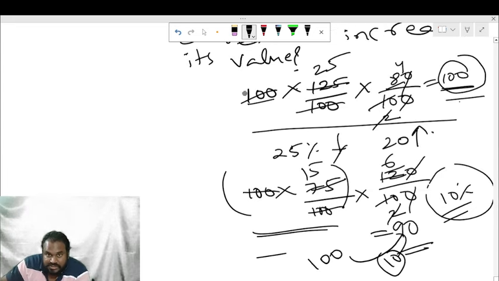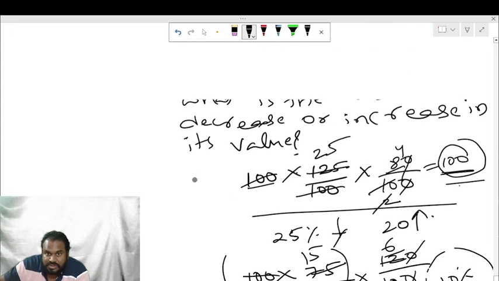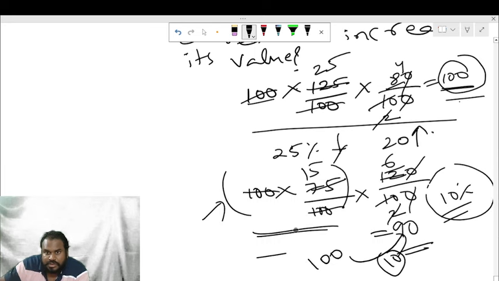But if it is asked in the reverse direction, for this case how will we solve? First, reverse direction means, see, first it is not increased but it is decreased by 25%, which means it will become 75.